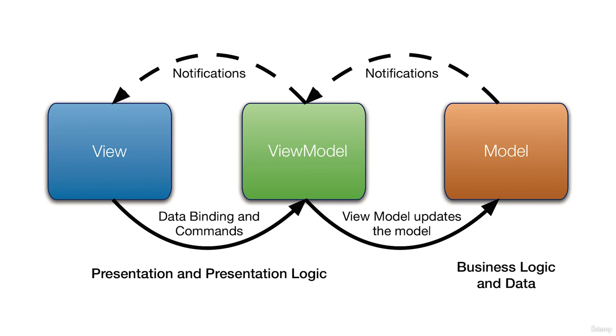So, MVVM is a design pattern that separates the presentation layer of an application, that is the UI, from the business logic, that is all other logic. It stands for model view view model, where the model represents the data or business logic. The view represents the UI, and the view model acts as a mediator between the model and the view.